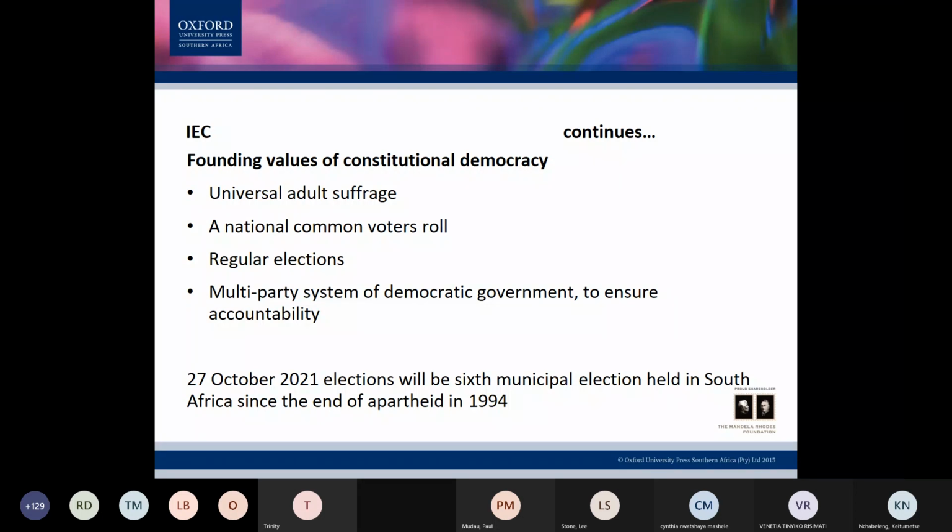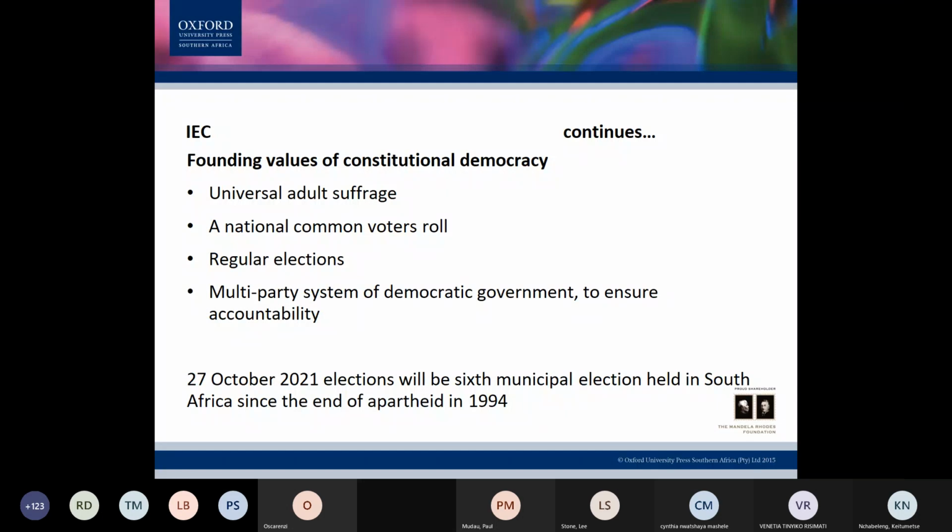And here, I will therefore emphasize that one needs to pay strong attention to the founding values of South Africa's Constitution as stipulated in Section 1 of the Constitution.